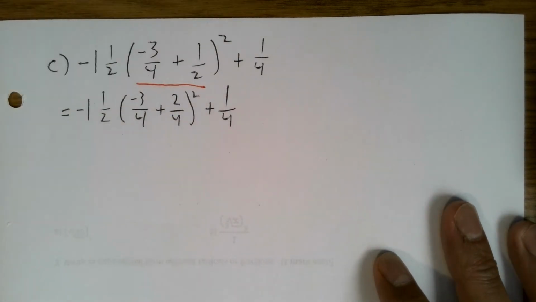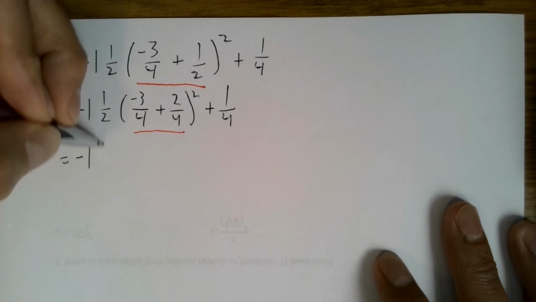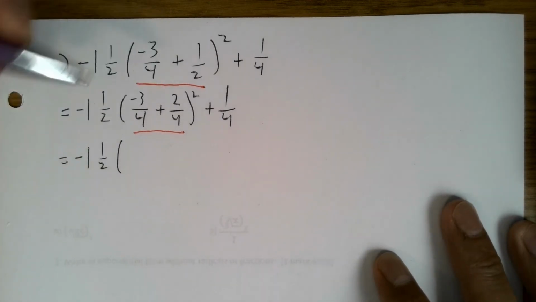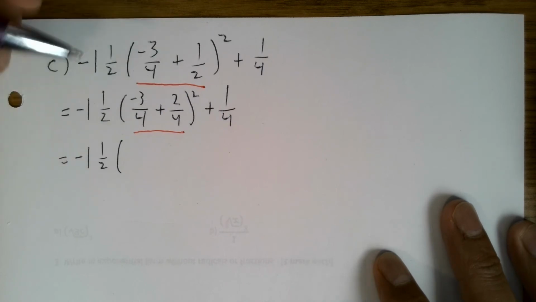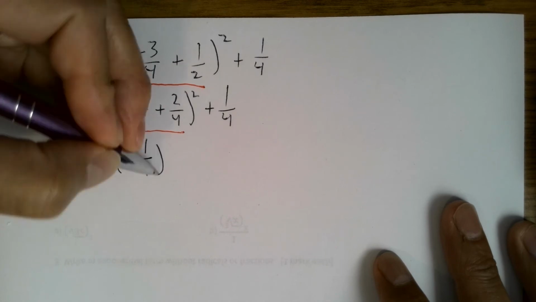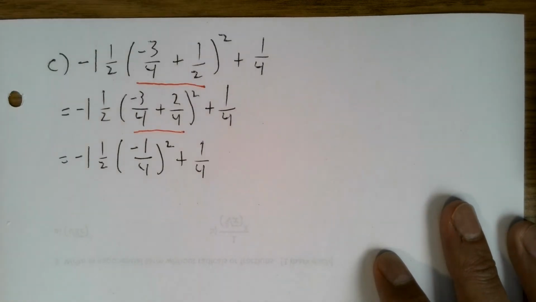Okay, and we're still working on that. So I've got -1/2. -3/4 plus 2/4. Well, I owe 1 slice. I have 2 slices. So after I pay off some of my debt, I'm still going to owe 1 slice of 4-slice pizza. Write everything else exactly the same.